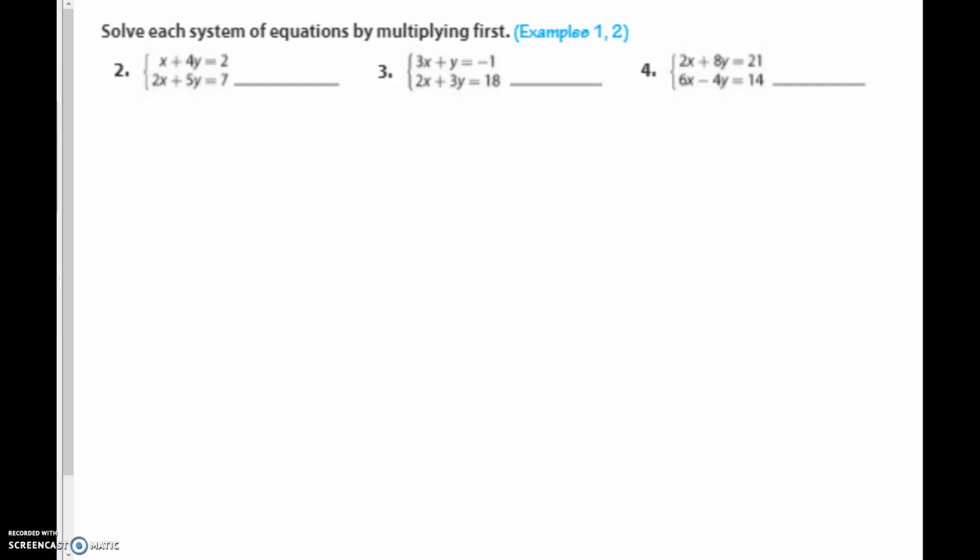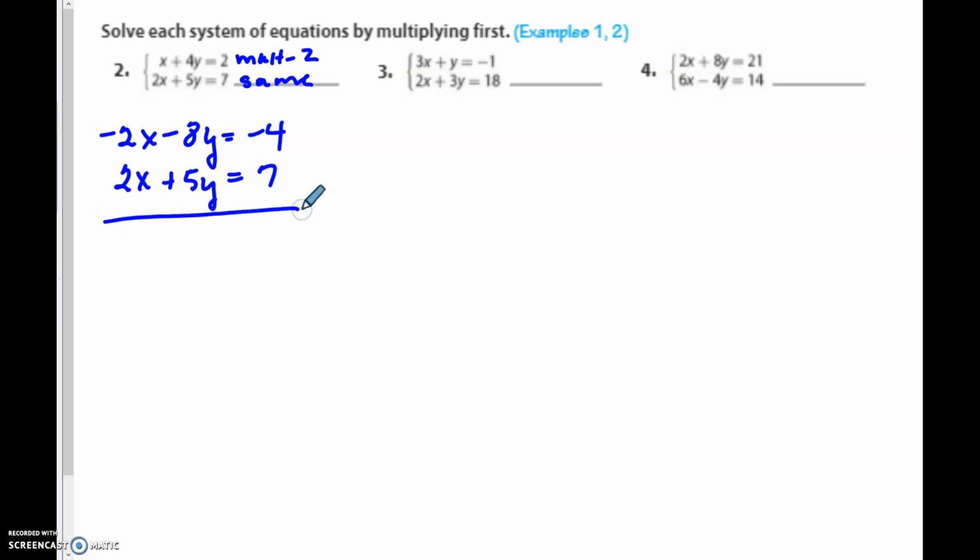All right, my plan here for this first one is I'm going to multiply this top equation by a -2, and I'm going to keep this one the same. So when I multiply by -2, I get minus 2x minus 8y and a -4. And I keep the bottom one exactly the same. I'm not going to change anything about it.